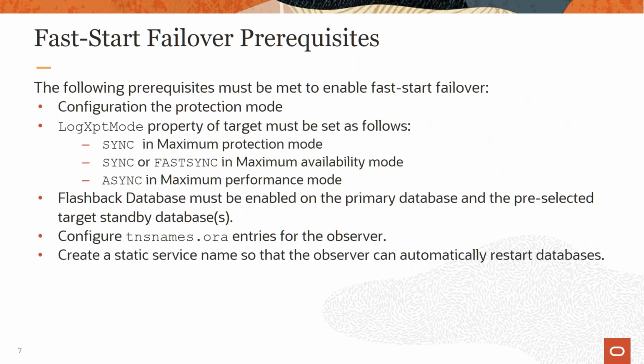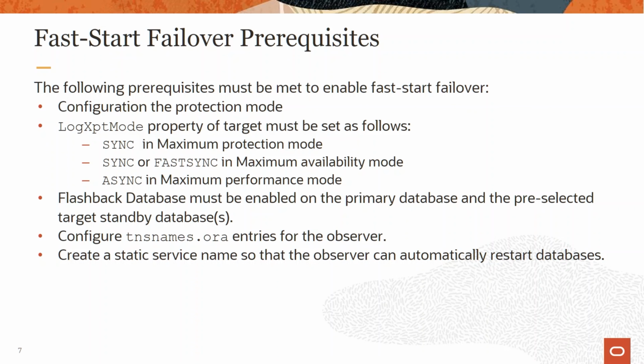Okay, so let's take a look at the prerequisites. In order to use fast start failover, you will have to configure the data protection mode properly. And also, the redo transport service mode must be configured properly. You can use fast start failover in maximum protection, maximum availability, and maximum performance.